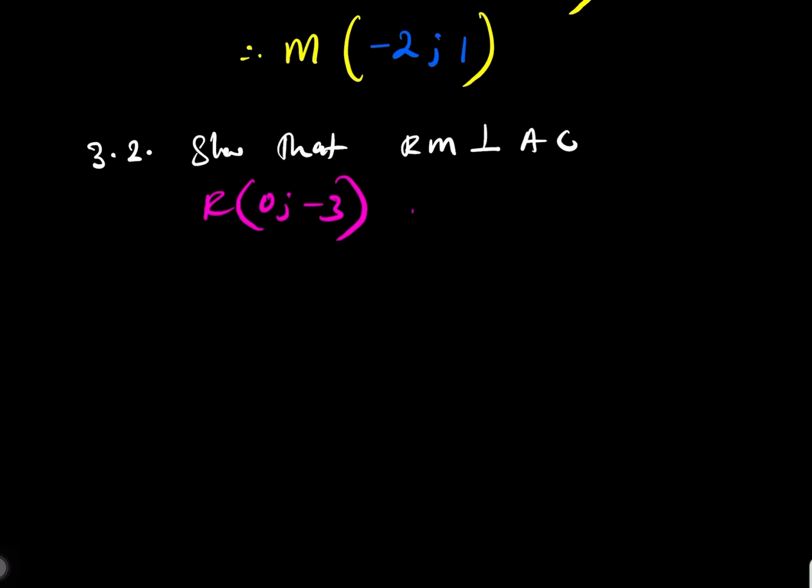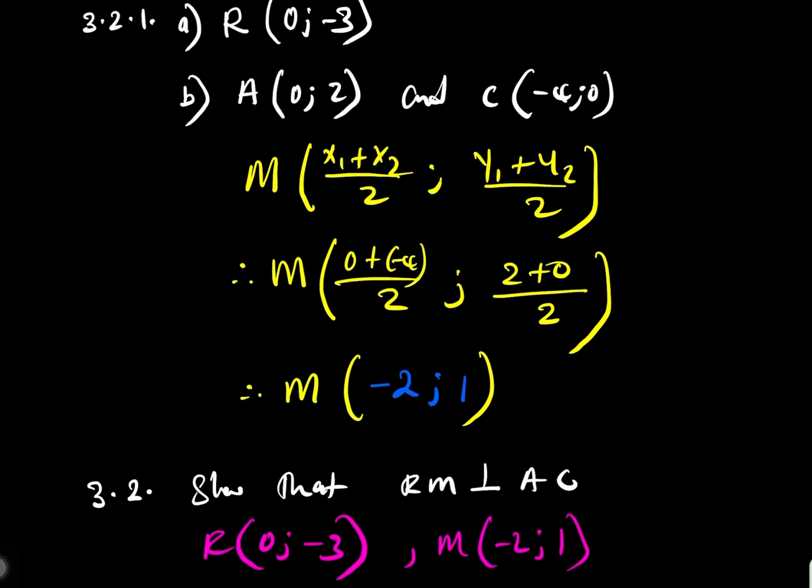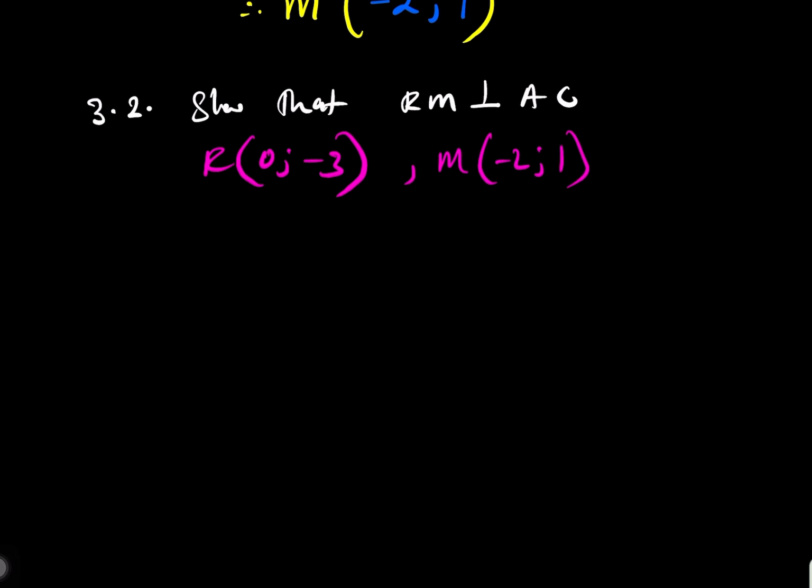And we also found the value of M to be negative 2 and 1. So let's find the gradient of RM and the gradient of AC, because we see the points are here. Let me find the gradient of RM and multiply it with the gradient of AC. If I get negative 1, that means RM is perpendicular to AC.